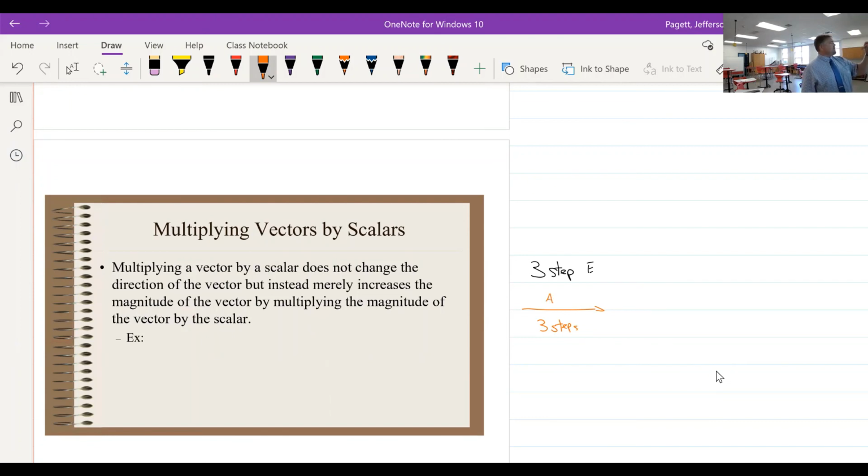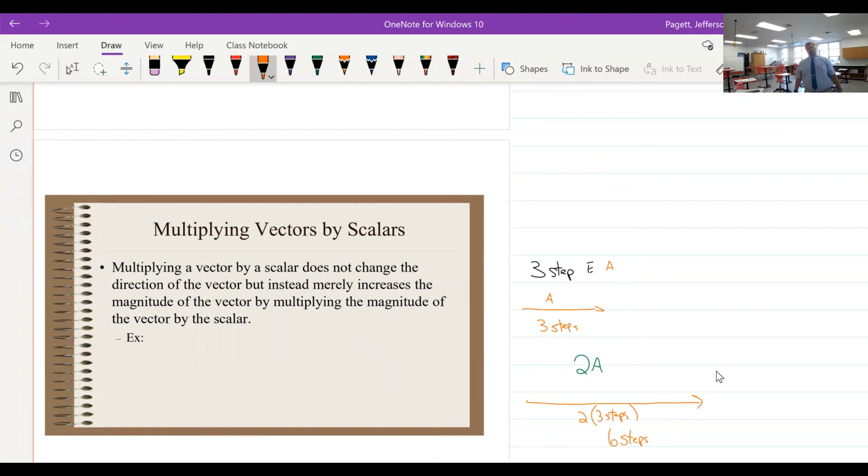And we're going to call that vector A. If I want to multiply it by a number, by a scalar, then all I have to do is just increase the magnitude by that amount. So if I want to go 2 times A, and I'll put this in green, 2A, all it would be is in the same direction, but now it's going to be 2 times 3 steps, so 6 steps.